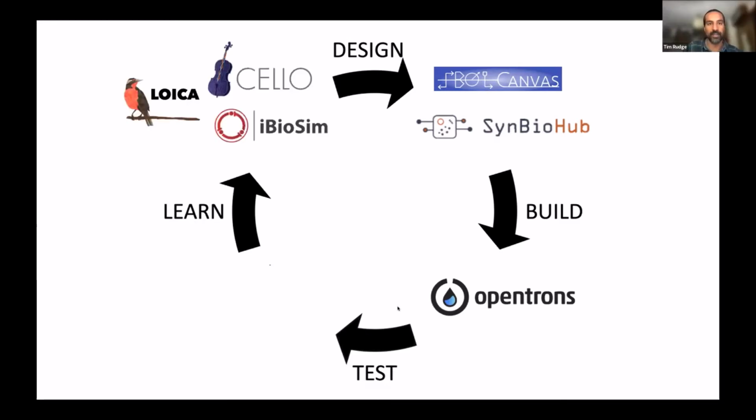Then, before we get to the design stage of actually putting together compositions of parts, what we really need to make this cycle efficient is design abstractions, which are higher level descriptions of genetic circuits, higher level than individual parts. For example, Cello uses the abstraction of logic gates.